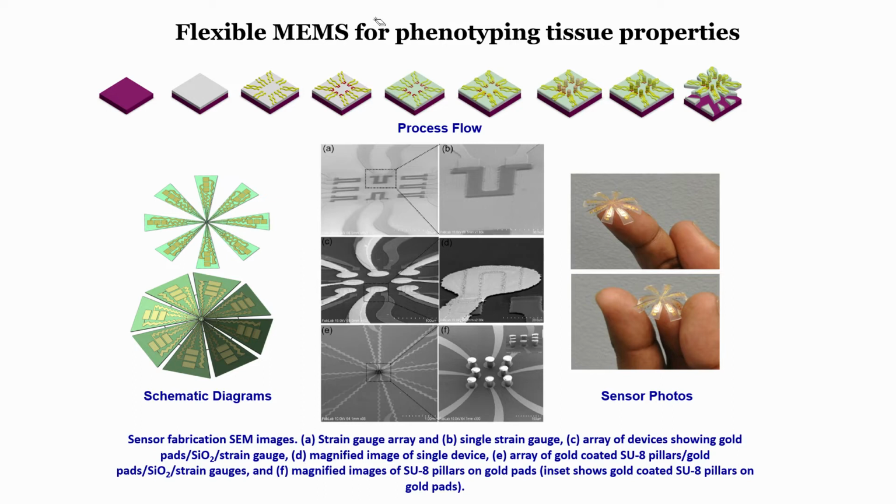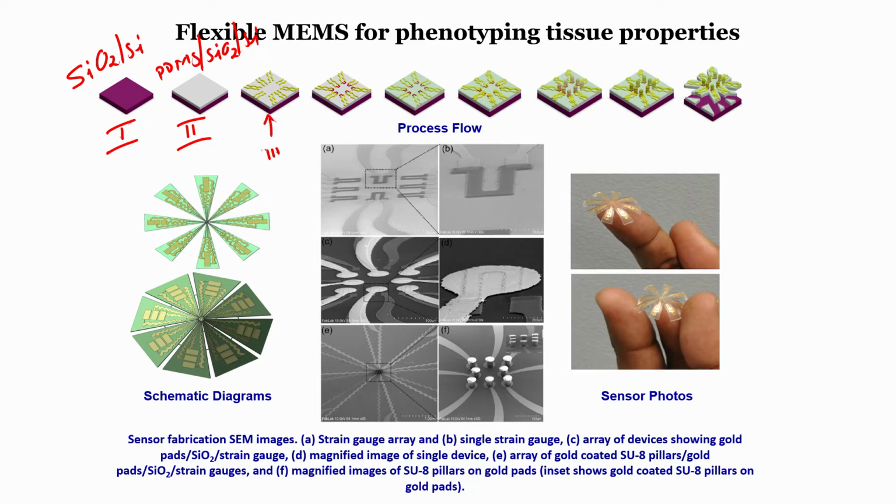We have taken a silicon substrate, you can take an oxidized silicon substrate on which we have spin coated PDMS, right, silicon or oxidized silicon. Then we have PDMS on this silicon, right.